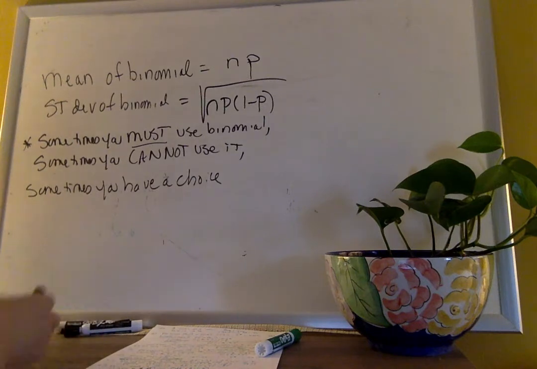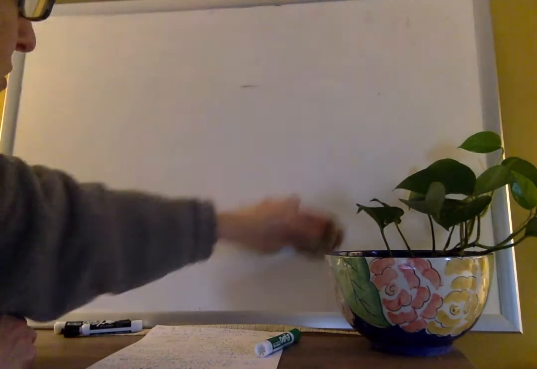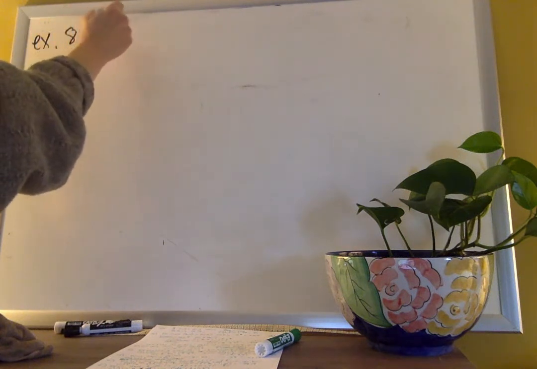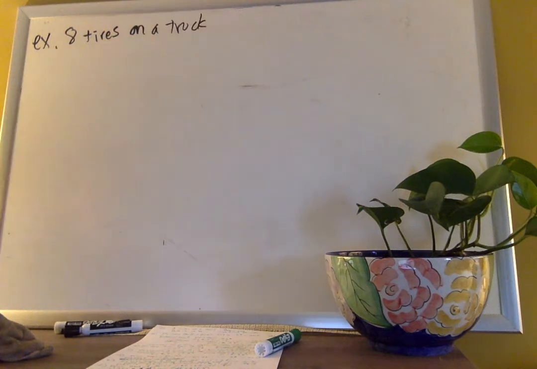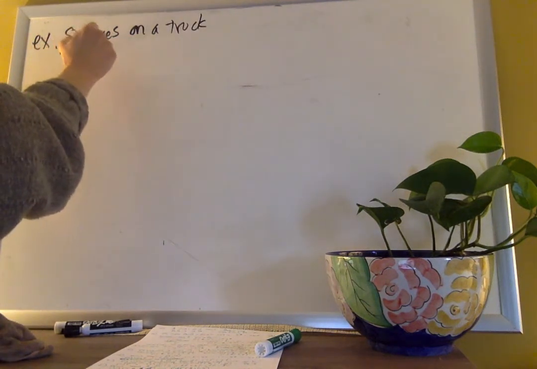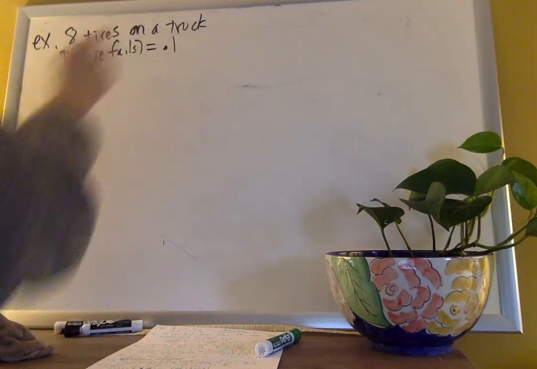All right, I just kind of made up a word problem, nothing fascinating. Kind of sounds very similar to what you were already doing before this video. Let's say there's 8 tires on the truck. The probability a tire fails is 10%.